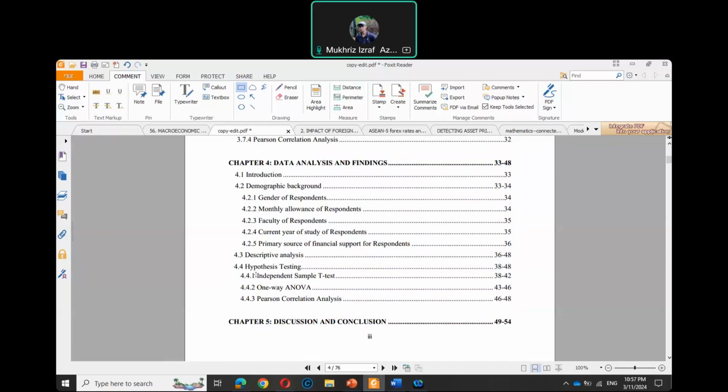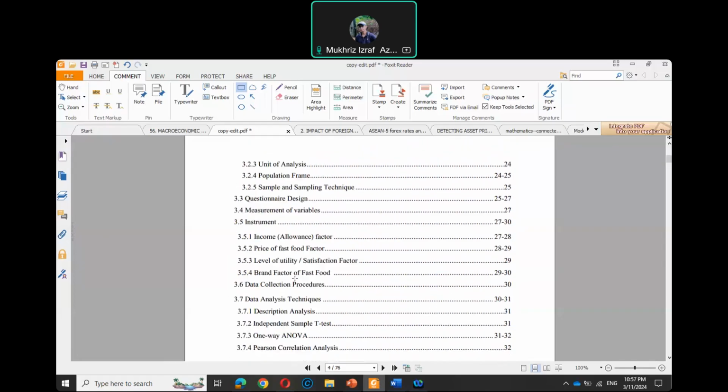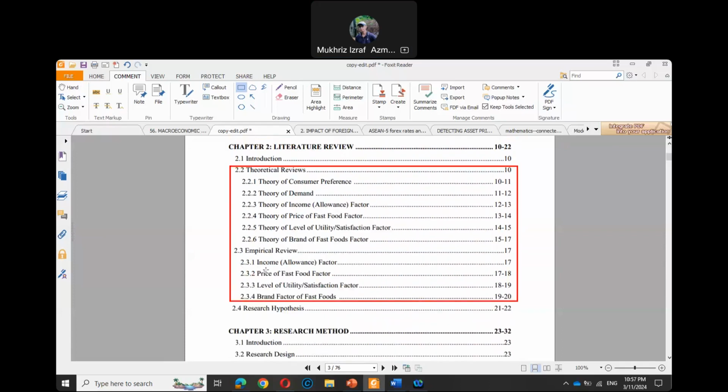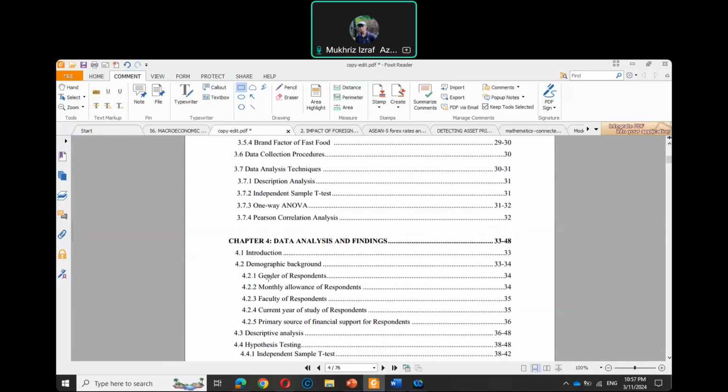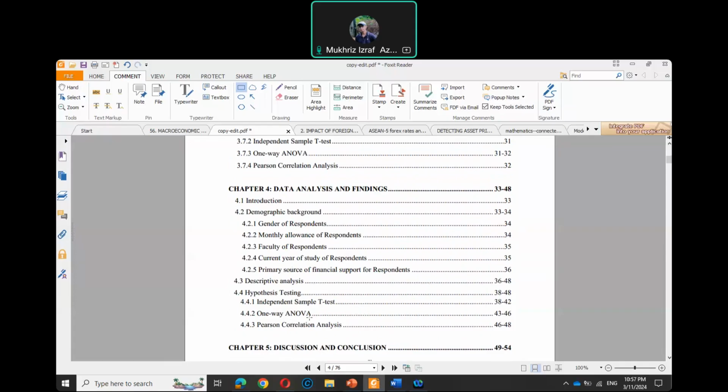Meaning, how does your result compare to other people's research, which is basically based on chapter number 2, under the empirical review. So for example, the income factor in this particular thesis. When you go through your own analysis, you may have included the income factor too, and whether your income factor is positive, negative, or not significant.